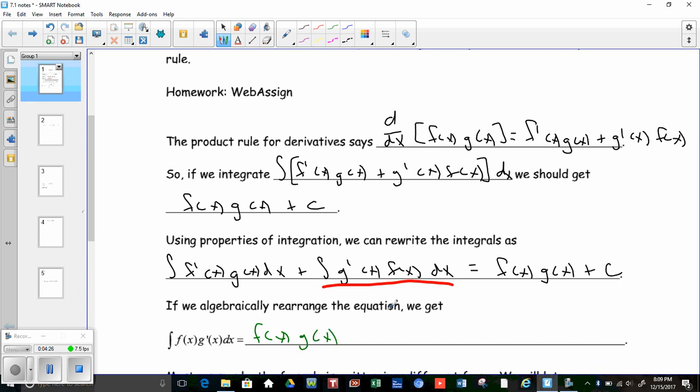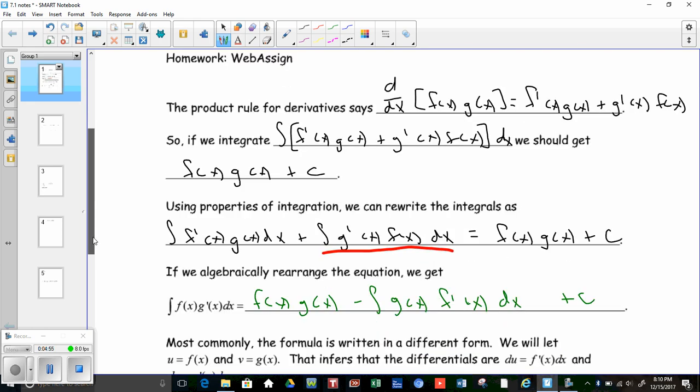I'm going to hold off on the plus c for now, it can go at the very end, minus the integral, and again, I'm going to change the order. I'm going to put g first, and then f prime of x, dx. And then, of course, some plus c out here. This is the most common form that we're going to use. Now, what does all this mean?